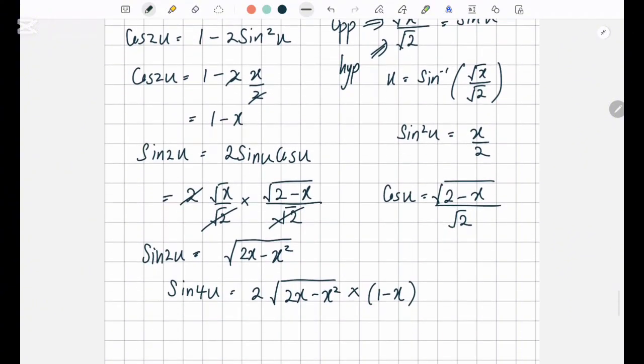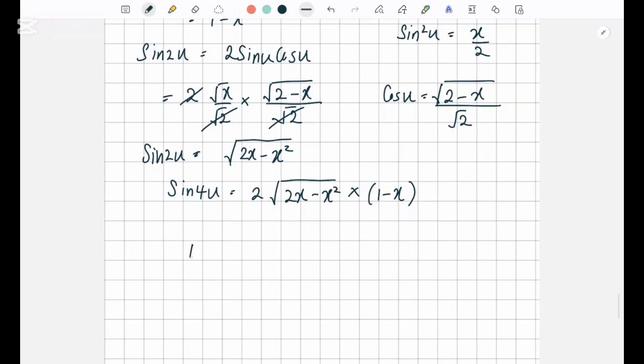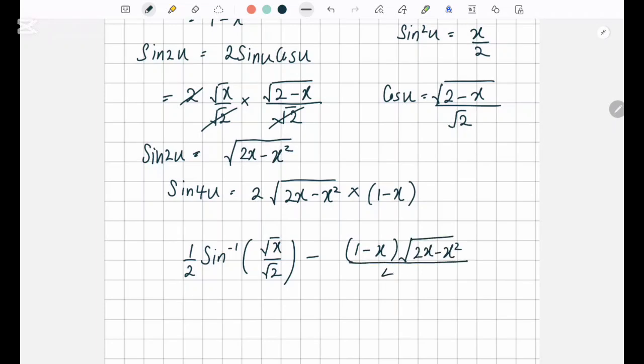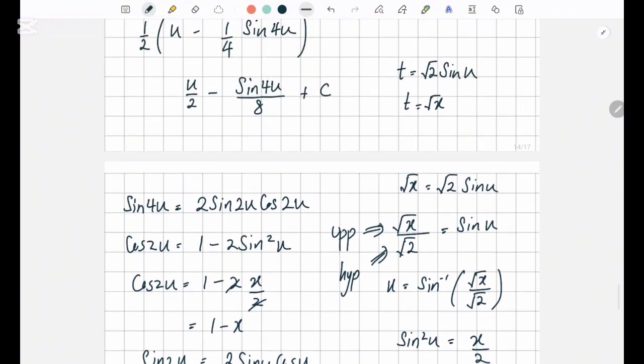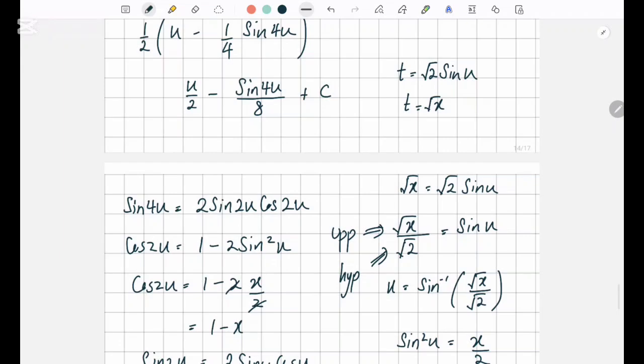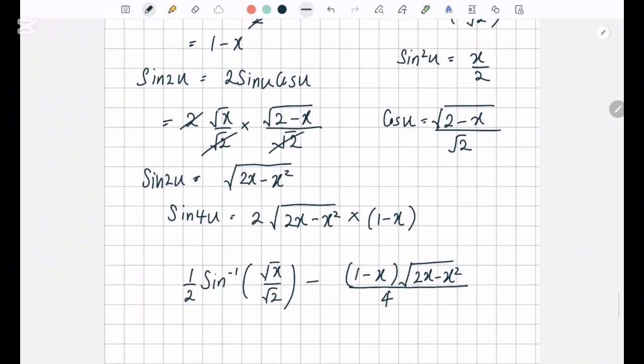So our final answer, we could write half into sine inverse root x over root 2 minus 1 minus x into root 2x minus x squared over 4. Because we have 2 over here and we have 8 on the denominator, 2 divided by 8 is 4, right? So this plus C.